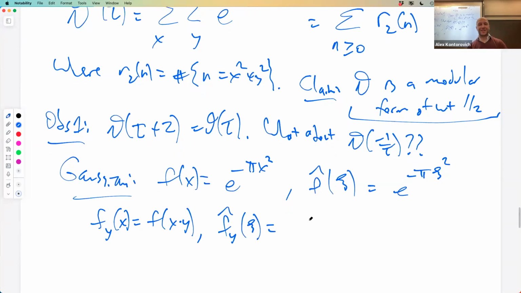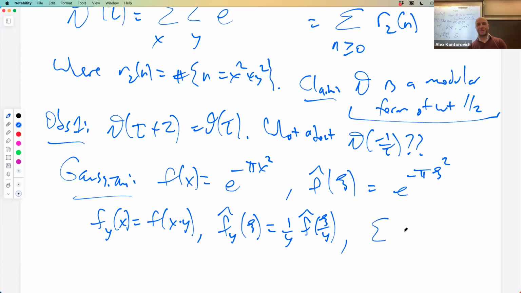Yes, exactly. It's the original f hat shrunk by a factor of y instead of scaled by a factor of y, with another factor of 1 over y coming outside. Okay, and let me remind you the Gaussian is its own Fourier transform. If I scale a function, the Fourier transform scales by 1 over that, with a factor of 1 over y.